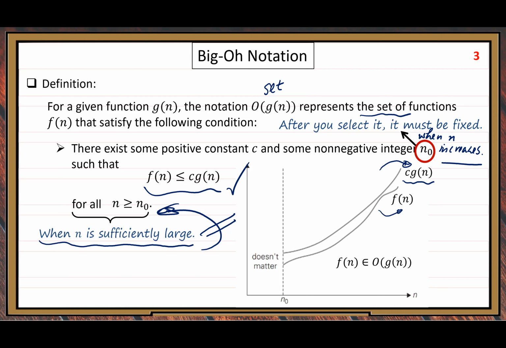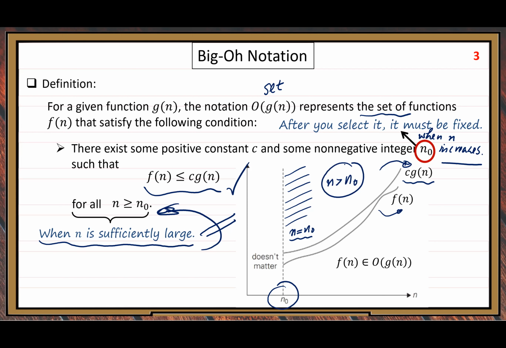But that upper bound relationship only works when n is greater or equal to n0, that is, when n is at the right-hand side of the vertical line. This vertical line represents n equal to n0. At the right-hand side, that means n greater than n0.